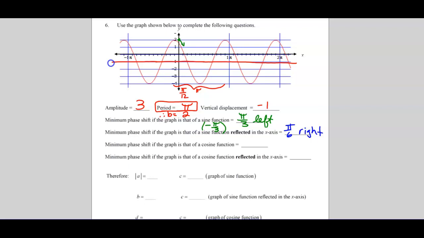So it would be going here and down. Our graph over here has a maximum. That's one grid marking to the left. One grid marking out of 12 in pi will be pi over 12, and it's to the left. So that's negative pi over 12 in terms of a phase shift.